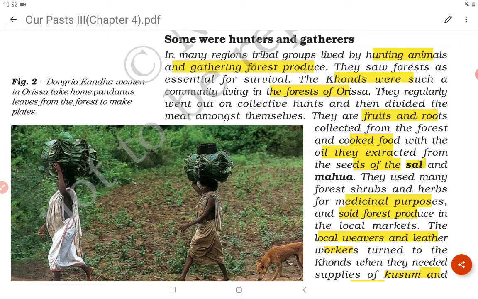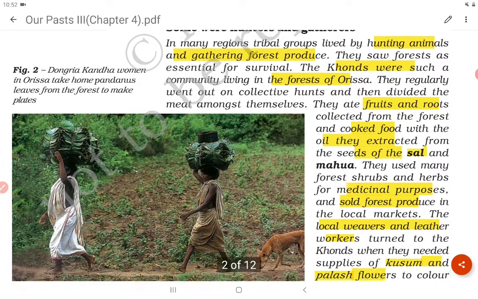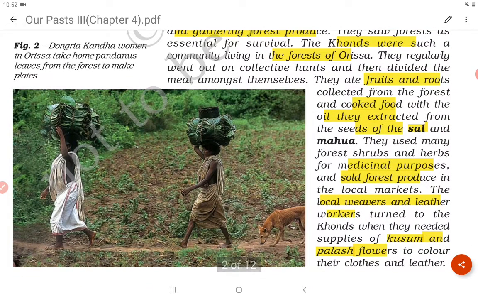They used many forest shrubs and herbs for medicinal purposes and sold forest produce in the local markets. The local weavers and leather workers turned to the Khonds when they needed supplies of kusum and palash flowers to color their clothes and leather.